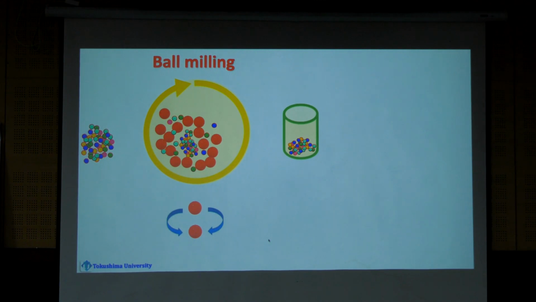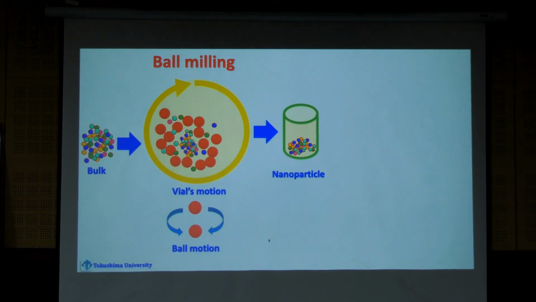If you look at the pictures, this picture shows how the nanostructure is created. You have a certain kind of bulk material, and this is the vial, a certain kind of spherical chamber.